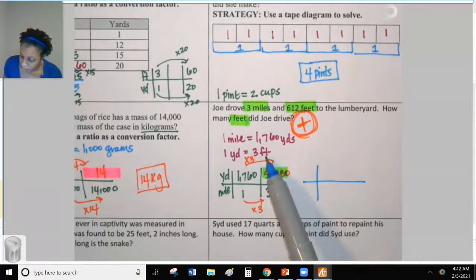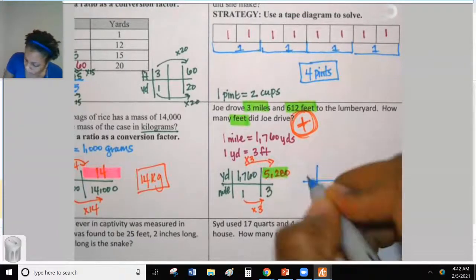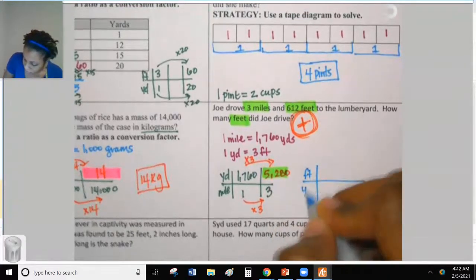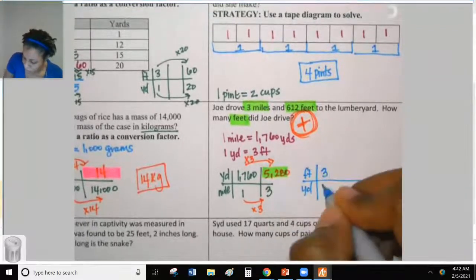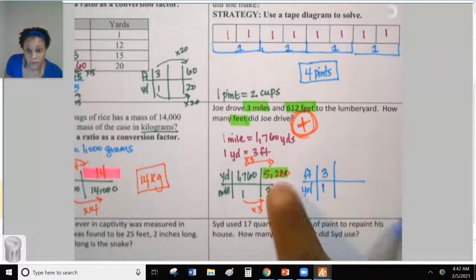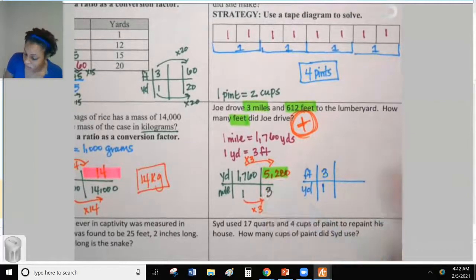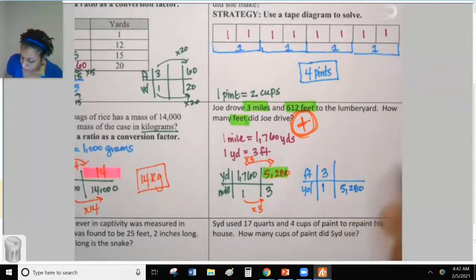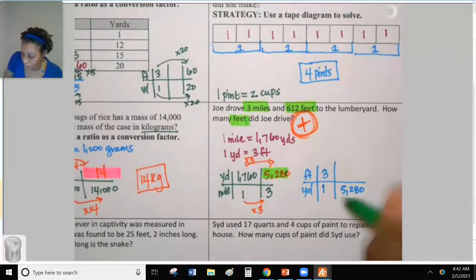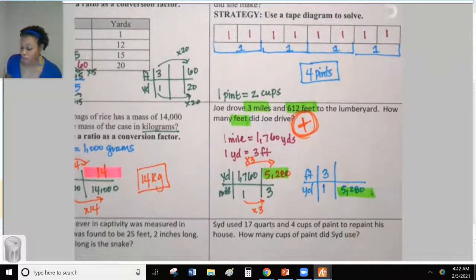So I want my answer in feet. I'm going to put feet on top, yards on the bottom. My conversion factor says for every 3 feet, it's 1 yard. Okay, so then I'm going to take this yardage, 5,280, and I'm taking this and putting it there. So I'm going to highlight it just so you know what happened.